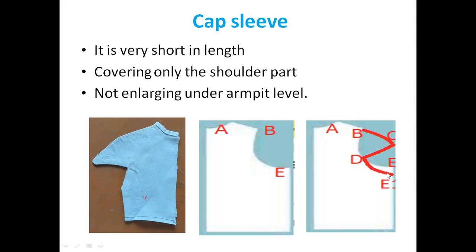Okay, this is the drafting pattern for the cap sleeve. This is the finished cap sleeve. This sleeveless type is in general commonly used for kids wear, particularly girls apparel.